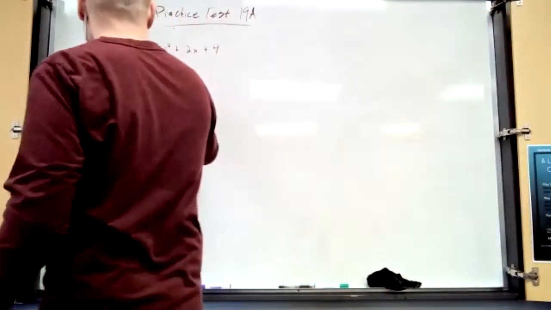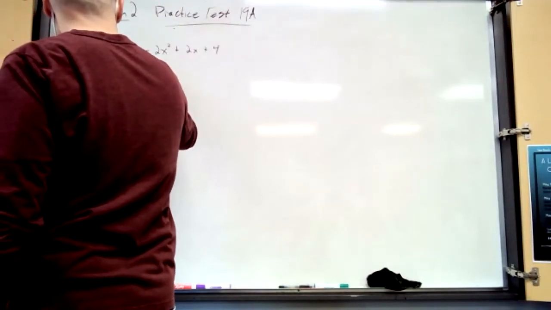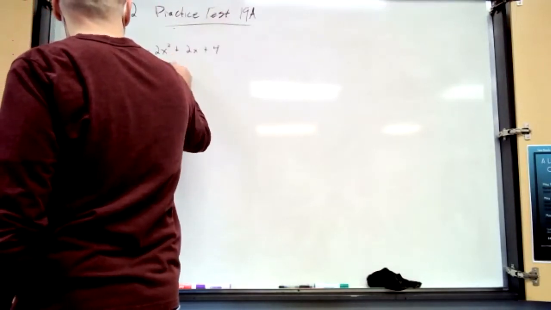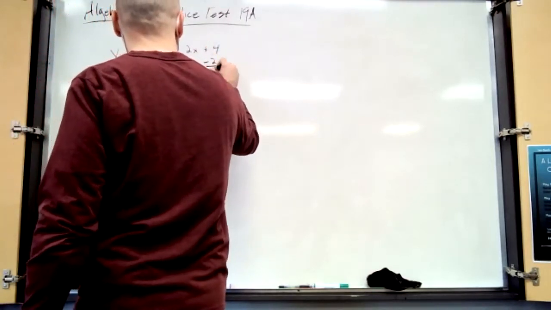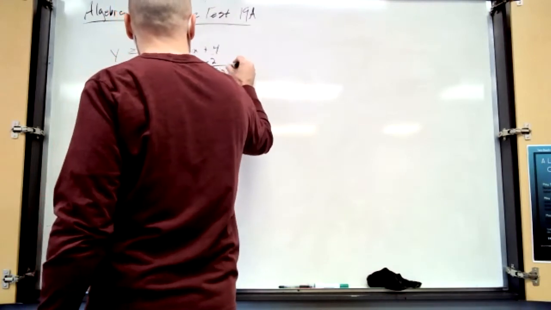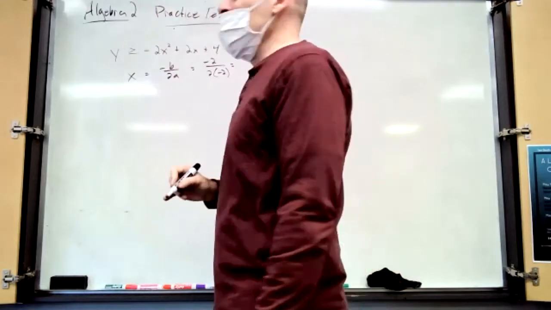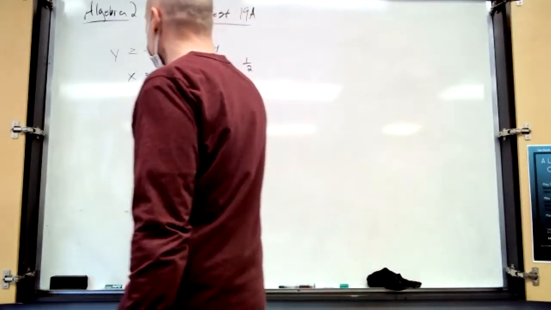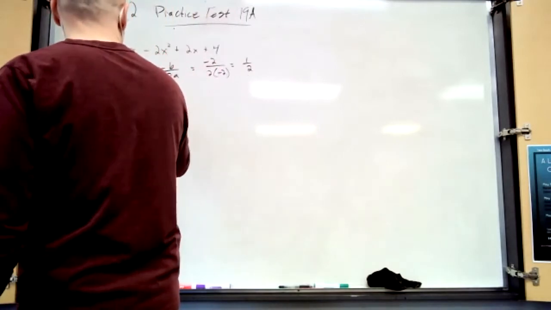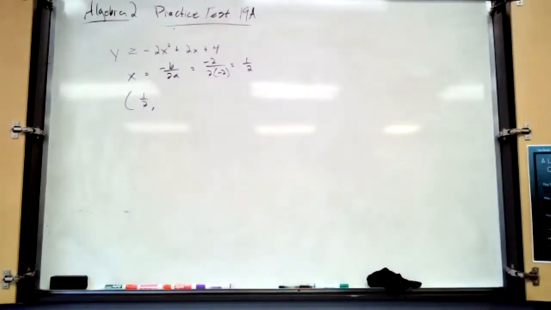So let's find the vertex. How do you find the vertex? Well, the x coordinate is going to be negative b over 2a. So that's negative 2 over 2 times negative 2. Okay, so that's negative 2 over negative 4, which is just 1/2. So if we've got 1/2 comma something, how do you figure out what that y is going to be?